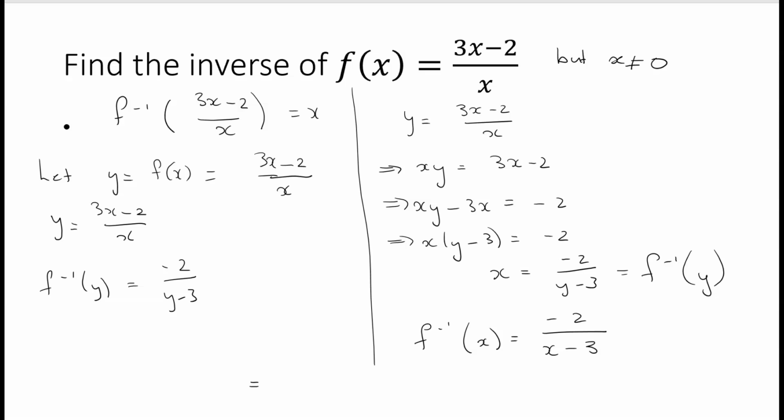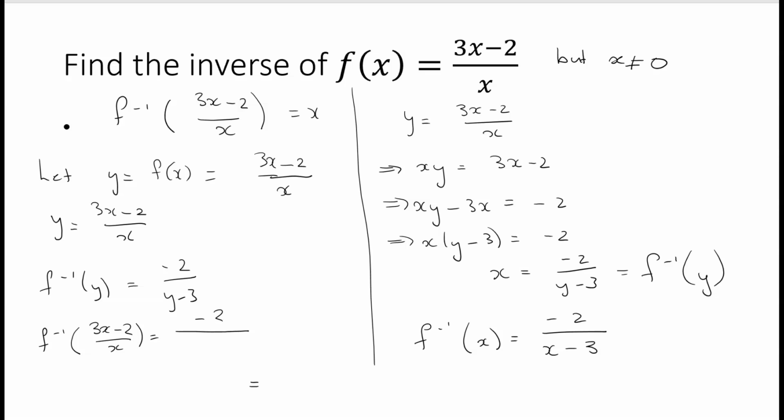Now, if we are correct, then as above, if we apply the inverse to the original, we'll be done. So the inverse performed on 3x minus 2 over x. So we're saying that it's negative 2 over x minus 3.